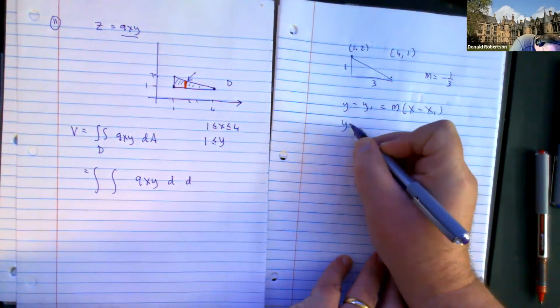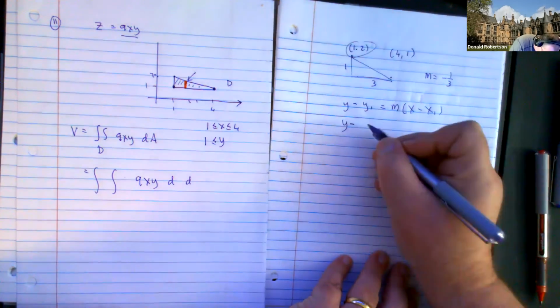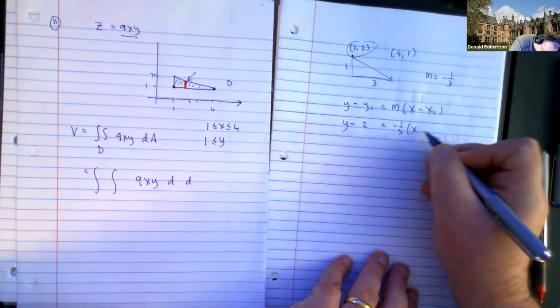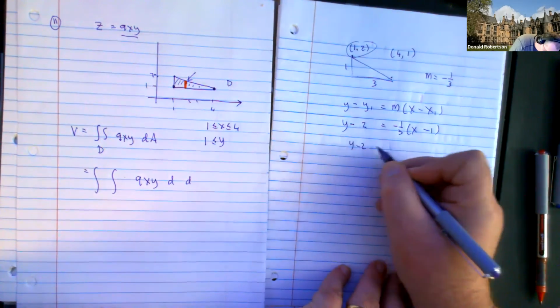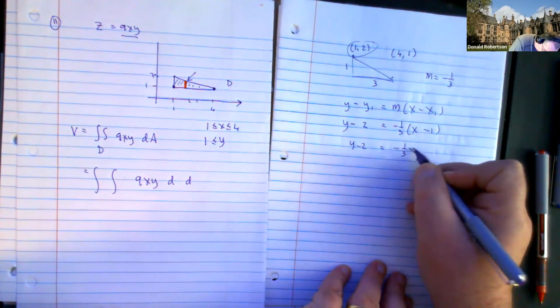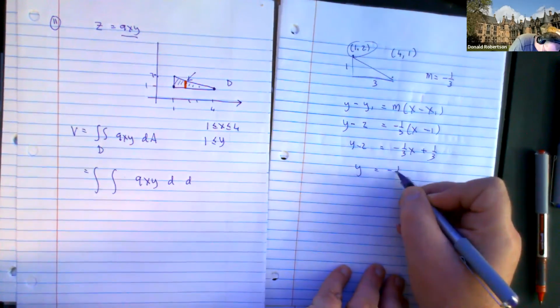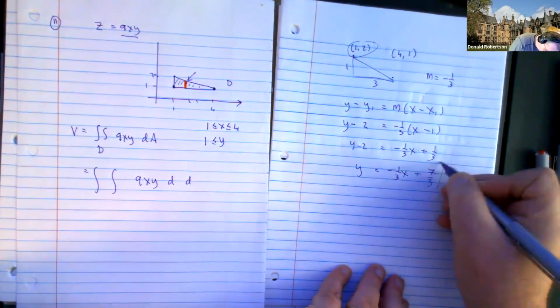And this is y take away 2, I'll use that one, is negative 1/3 x take away 1. So it's negative 1/3 x plus 1/3, and negative 1/3 x add 2 gets you 7/3.